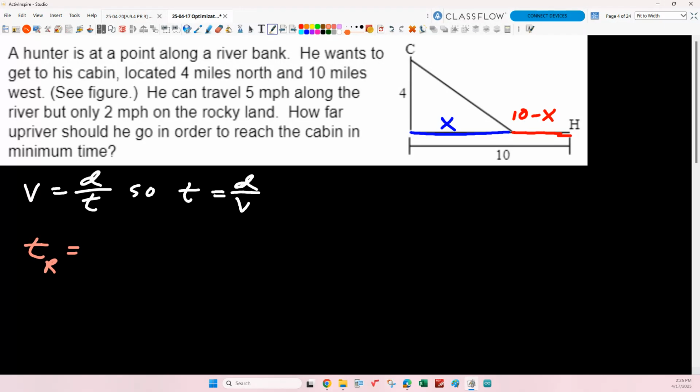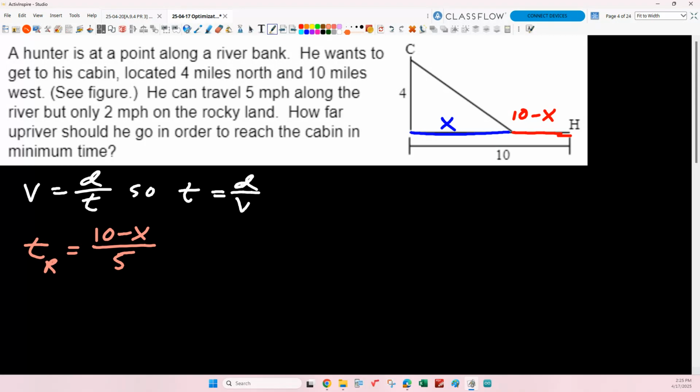He's going along the river, he goes 5 miles per hour, so that's going to be the speed or the velocity, right? But how far is he walking before he leaves the river? 10 minus x, right? Everybody see that? Yeah, so we're going to get a distance of 10 minus x over a speed of 5 miles per hour. And we're just going to assume that we're using miles and hours for our time and distance, right?